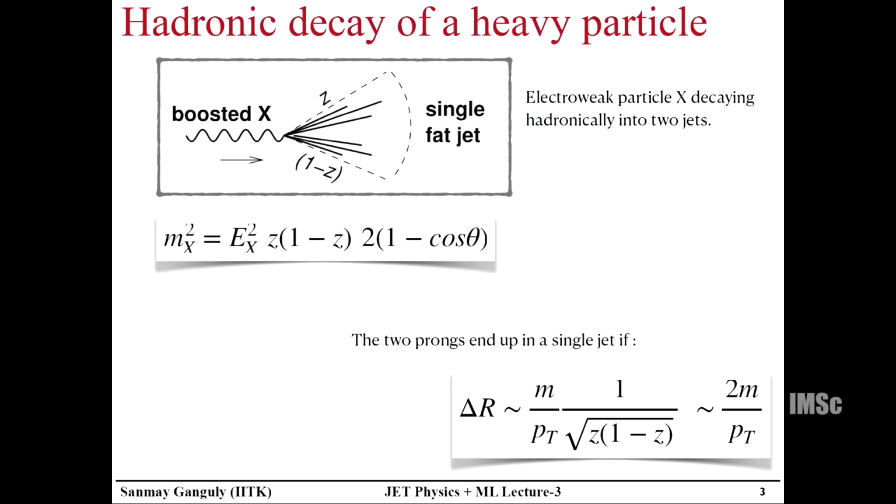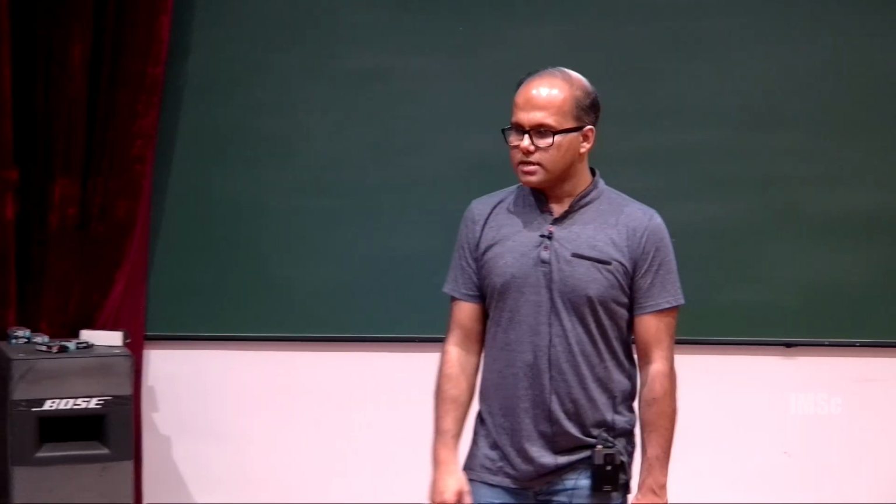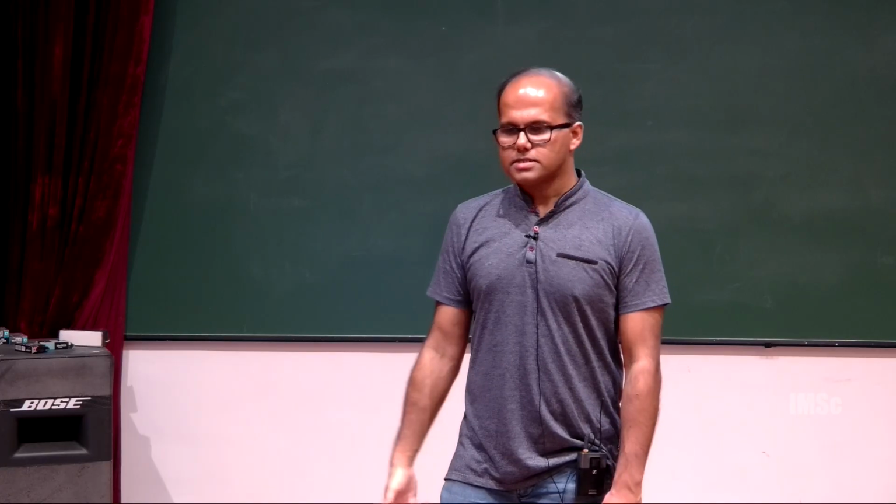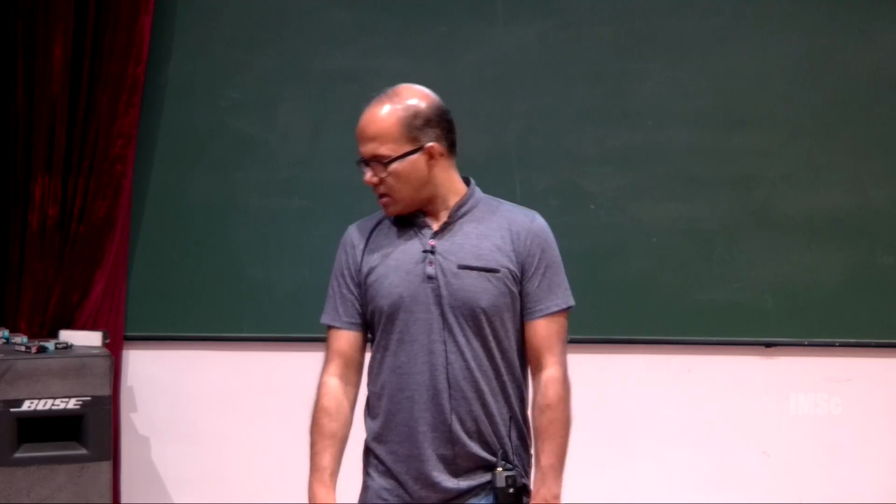The pT, the mass, all these parameters. I'm worried because if it is of the order of 1 by lambda QCD, then of course you will see nothing. So delta R has to be then lambda QCD by pT. I mean, delta R is a dimensionless object.